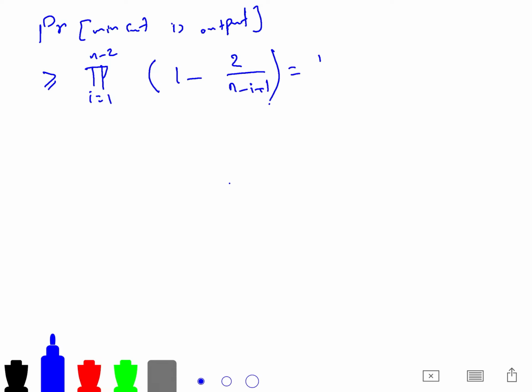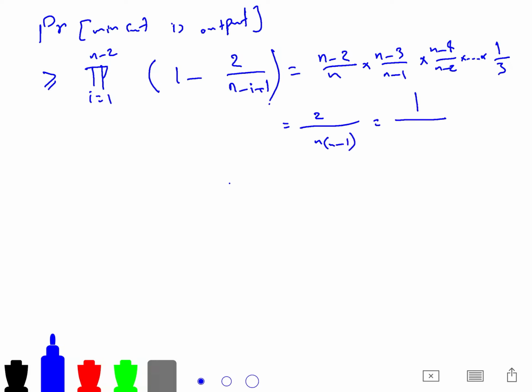This becomes n minus 2 over n, n minus 3 over n minus 1, n minus 4 over n minus 2, and all of these, using the telescoping product, you can get 1 over n choose 2, and you can think of it as at least 1 over n squared. So the probability is at least 1 over n squared.